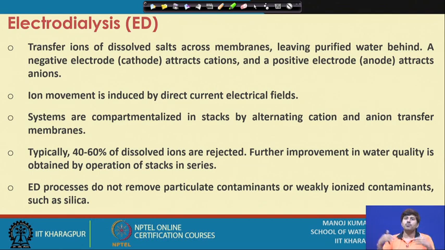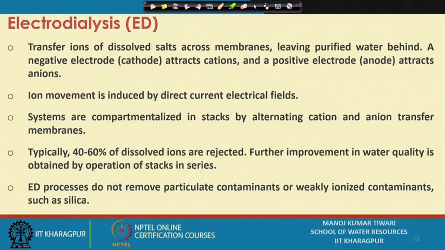These ions move towards the electrodes, and because of these selective barriers, some pass through and some are retained. With an alternate channel system, we have multiple channels, and in the alternate channels these ions get collected because they are retained by the membranes on the other side.